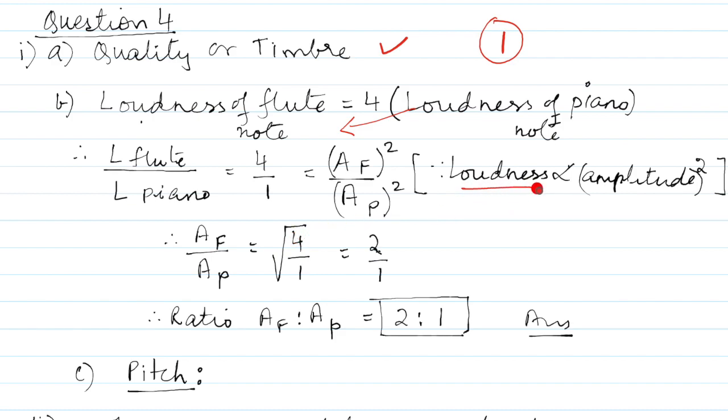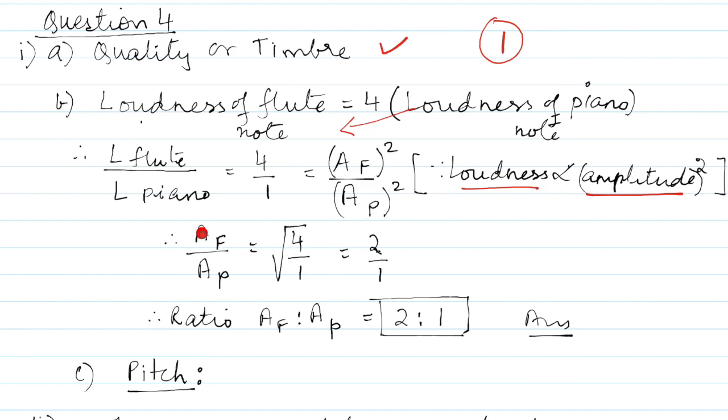Now do we know that loudness is directly proportional to amplitude square? So the loudness of flute will be proportional to amplitude of flute whole square, and the loudness of piano will be directly proportional to amplitude of piano whole square. So this 4 upon 1 becomes AF square upon AP square.